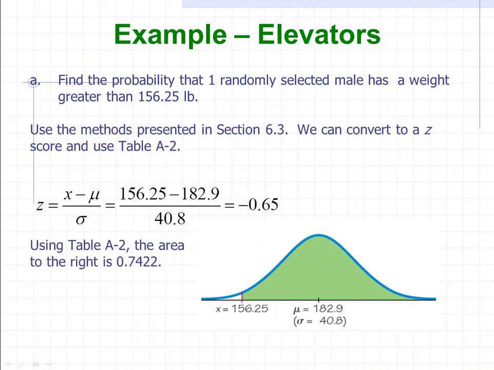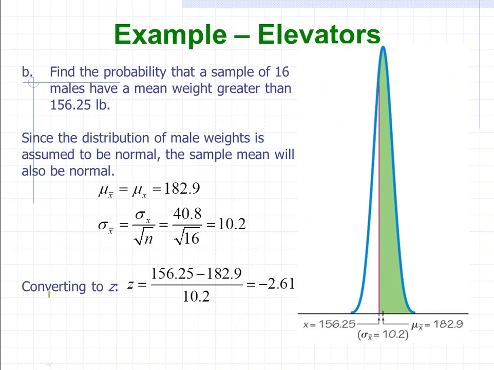We had our standard deviation of 40.8, and we used that when we found our z-score. Now let's find the probability that a sample mean of 16 males have a mean weight greater than 156.25.